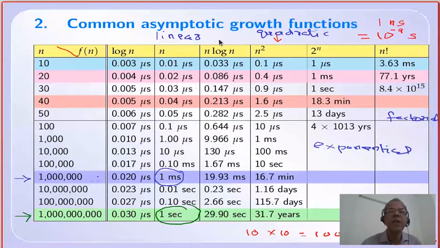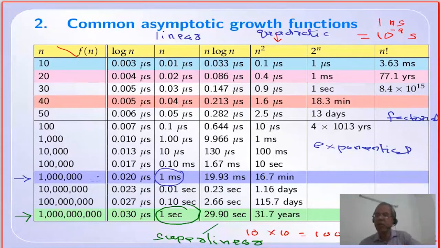Some people call that super linear algorithm running time. This one. Super linear. It is not linear, it is more than linear. Or because there is a linear term and a logarithmic term, some people give it a nice name, linearithmic.